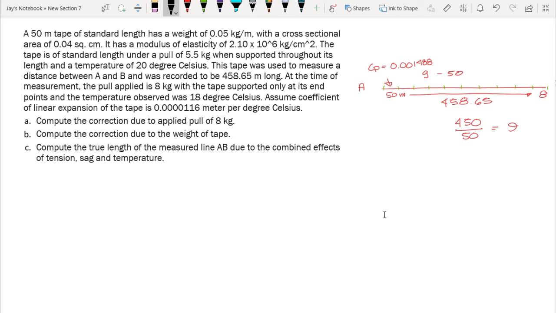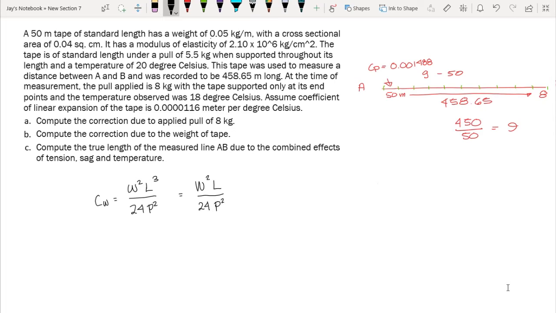Now we have the second question here. Compute the correction due to the weight of the tape. In other words, we are asked to compute the correction due to sagging. So we have the formula CW is equal to w squared, that's the linear weight squared, times the length of support cubed over 24p squared, or we have W, the capital letter W, or the total weight squared, times the length over 24p squared, where p here is the applied pull.